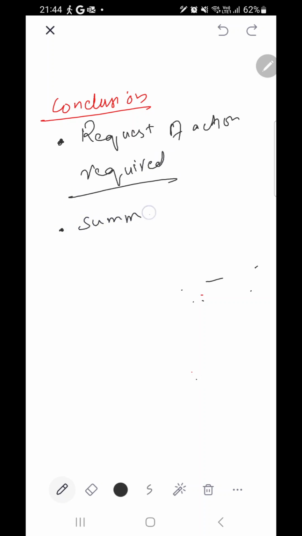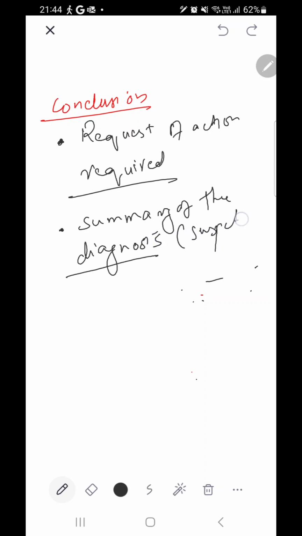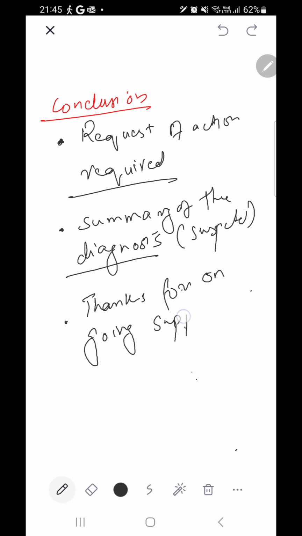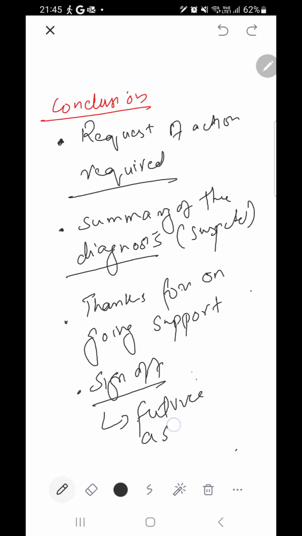Summary of the issue, summary of the diagnosis, suspected mostly, and thanks for ongoing support, and then sign off, in which we can write down future assistance. You can offer future assistance.